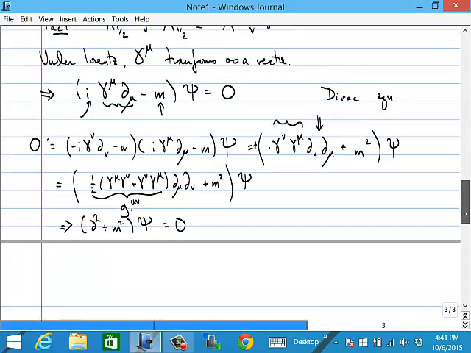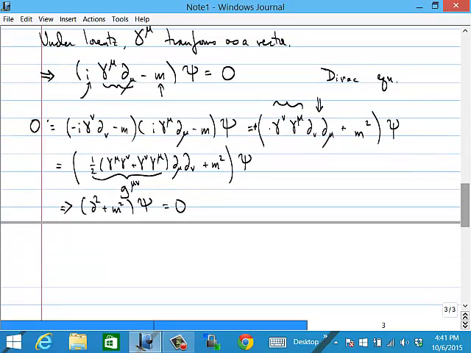Otherwise known as the Klein-Gordon equation. In particular, one of the things to notice is that this operator here involves no gamma matrices, so it doesn't mix the different components of the spinor psi. So each component of psi will obey the Klein-Gordon equation.